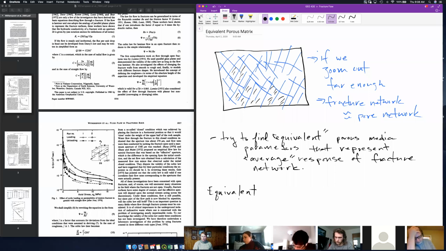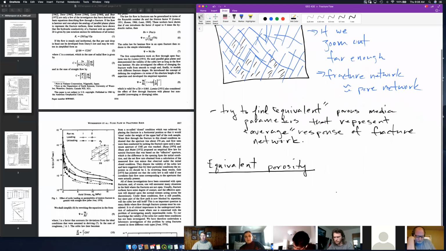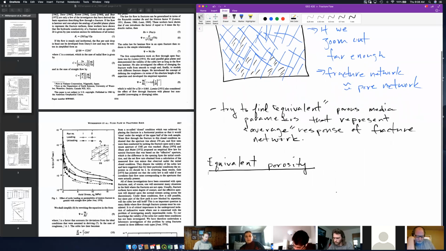And we can derive this for, let's say, parallel sets of fractures. So let's say I've got this parallel set of fractures. So here's my fracture matrix.